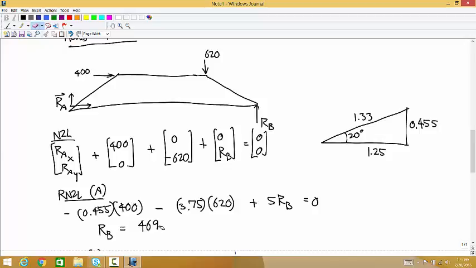Negative 0.455 times 400 minus negative 0.37 or minus 3.75 times 620 is a negative number. But then you move it to the other side. Oh, yeah, I stand corrected. We had that equation, we did the math. 501.4. 501.